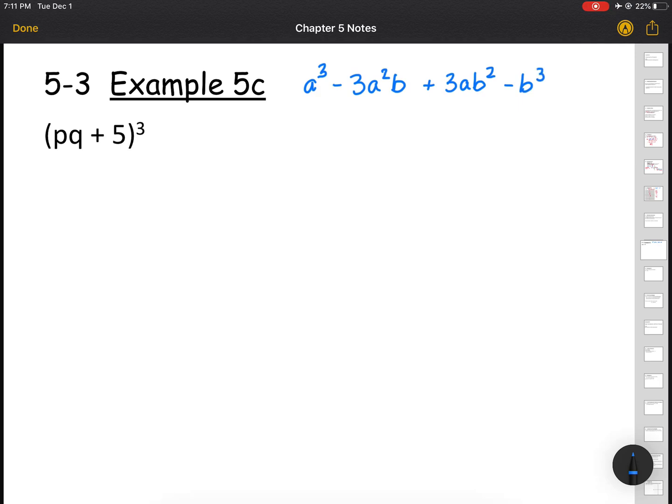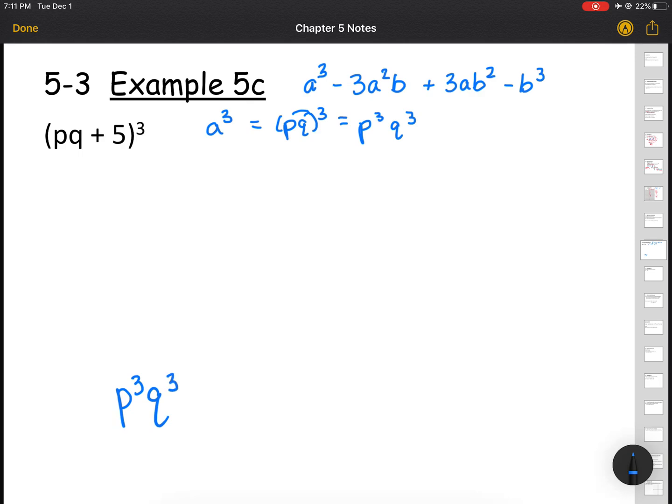So if we follow this, our first term cubed looks like (pq) to the third power. Remember that gets distributed to both of them, so that's p to the third, q to the third.